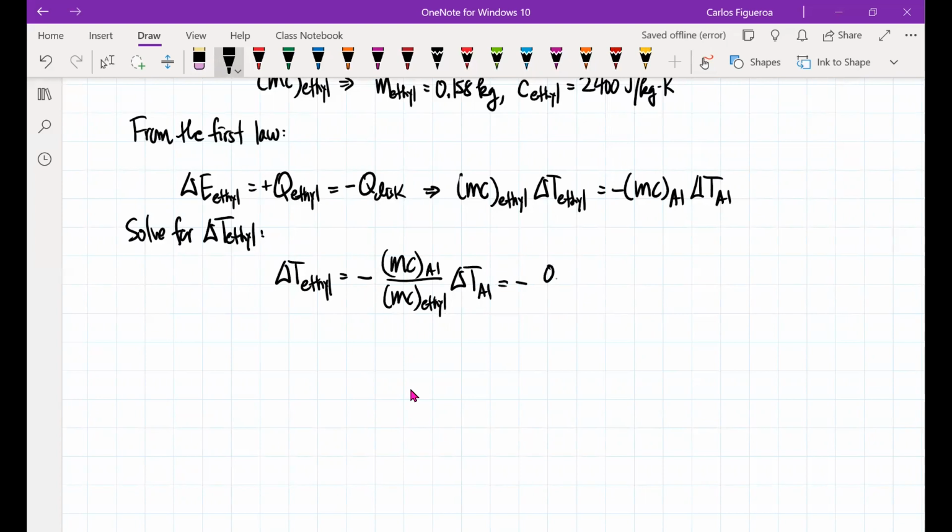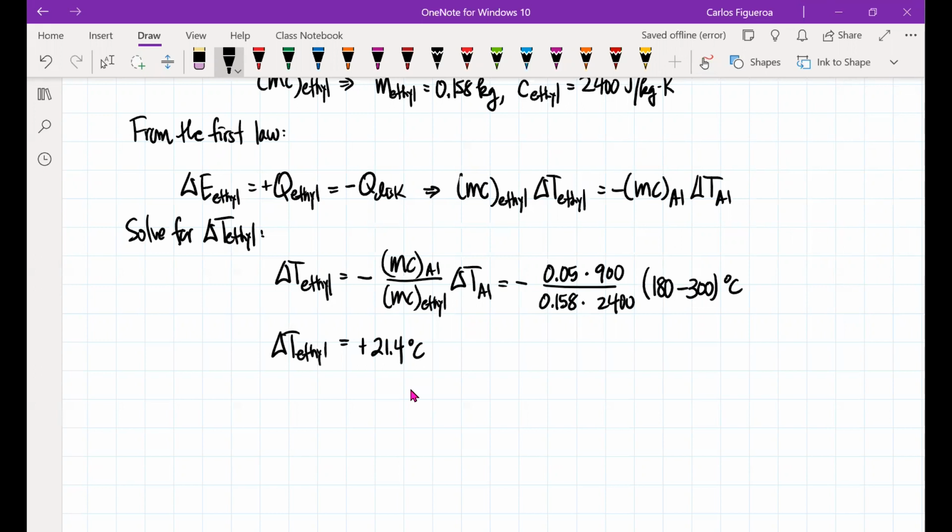This is going to be 0.05 times 900 divided by 0.158 times 2400, and then the change in temperature is 180 minus 300, in degrees Celsius, but it could be degrees Kelvin. And when I compute this, I get positive 21.4 degrees Celsius for the change in temperature for the ethyl.